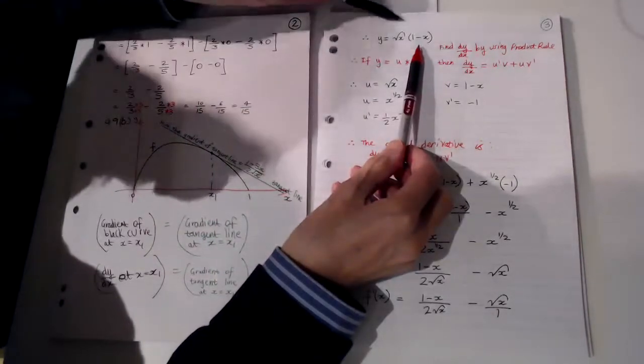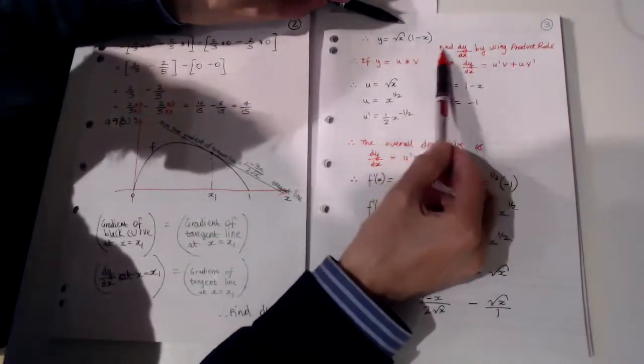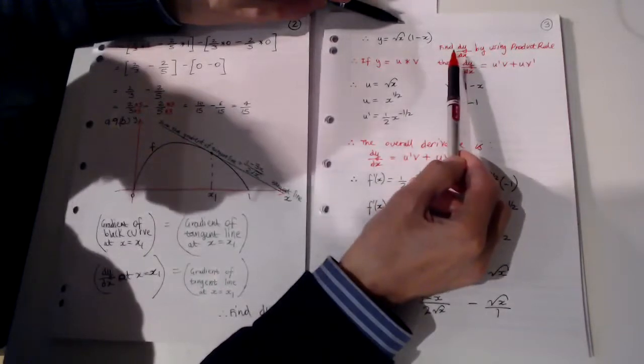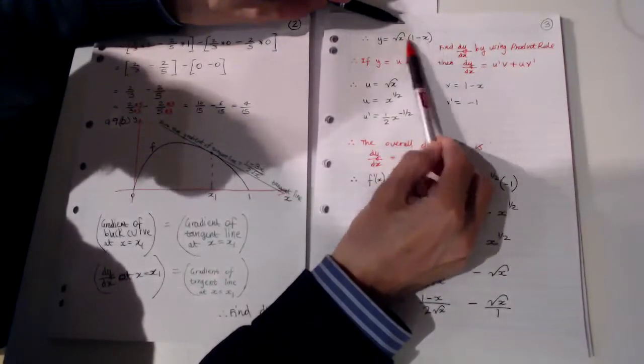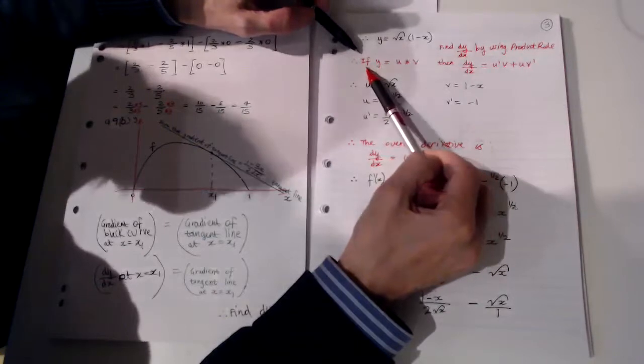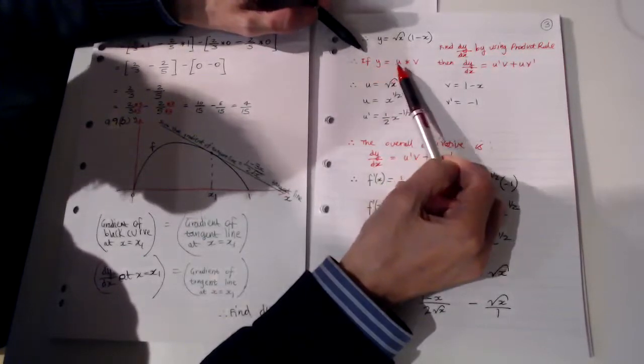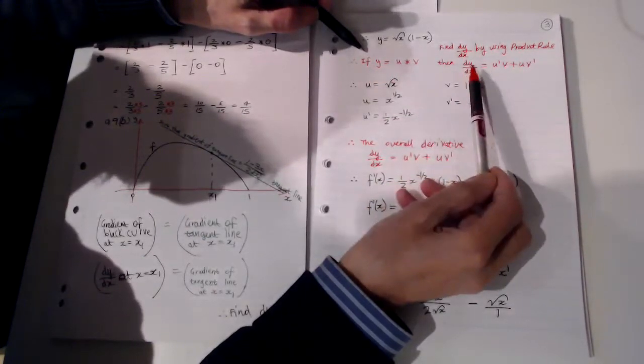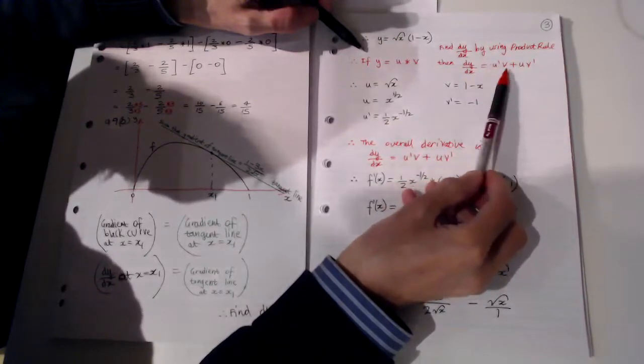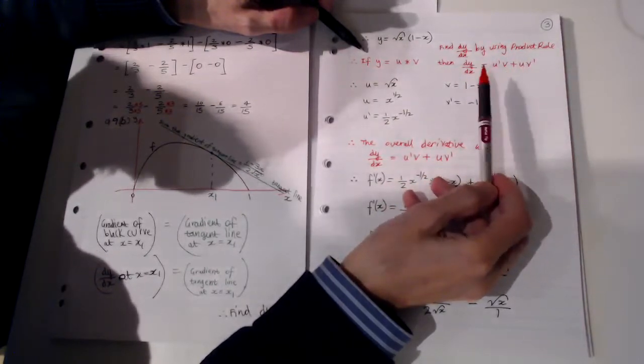So we can find the dy/dx by using the product rule, because it's function times function. And the product rule, as you should know by now, is if y equals u times v, then dy/dx equals u' v plus u v'.